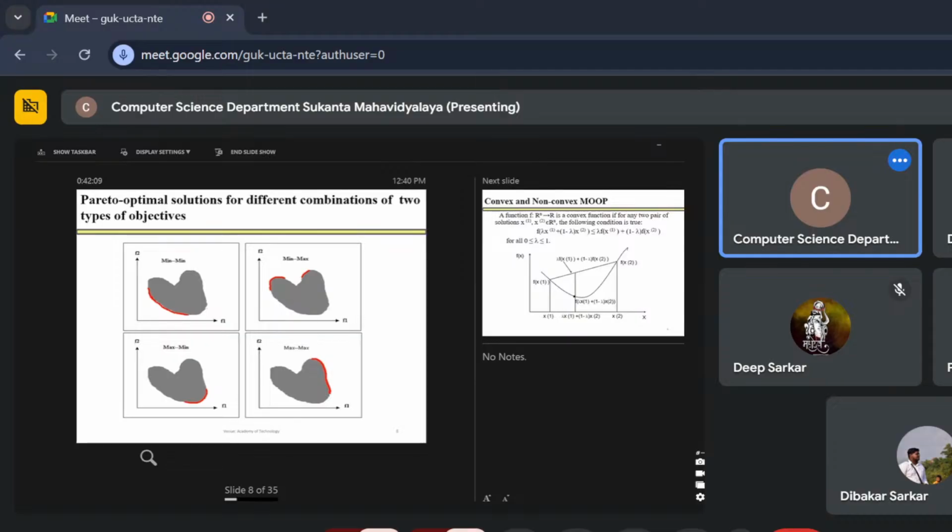Max min: F1 is maximized, F2 is minimized. And max max, where both F1 and F2 are maximized. So these four types of options may be there in the course of multi-objective or bi-objective optimization. If we had to handle three objectives, how many options would there have been? 2 to the power 3, 8 options. If we had to deal with capital M many objectives, how many? 2 to the power capital M.